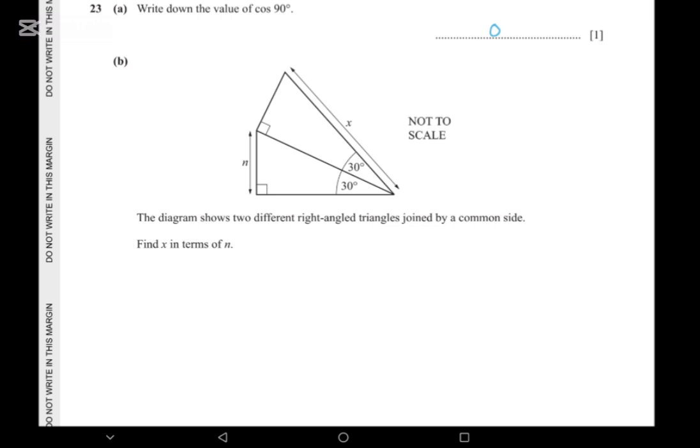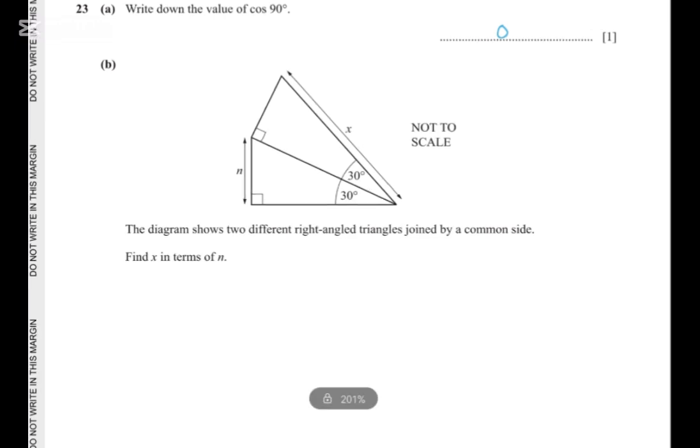Question number B. The diagram shows two different right-angled triangles. The diagram is shown here where we have two right-angled triangles joined by a common side. Find x in terms of n. They are joined by a common side. So this is the common side. And we need to find x in terms of n.